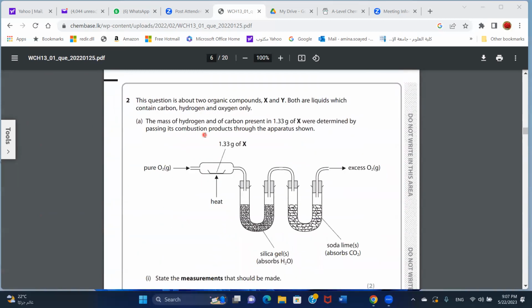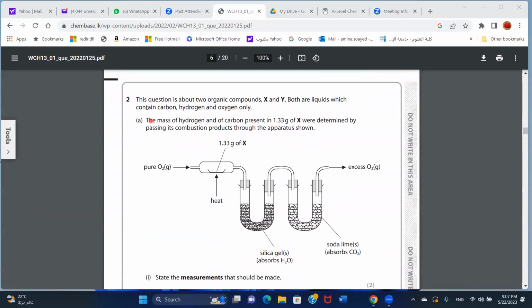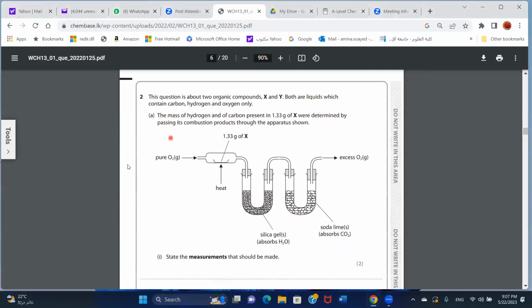Okay. Would you please all read question 2? Okay, Alishba, state the measurements that should be made.